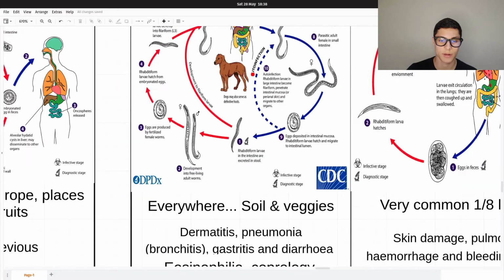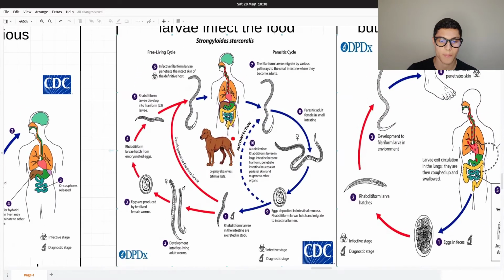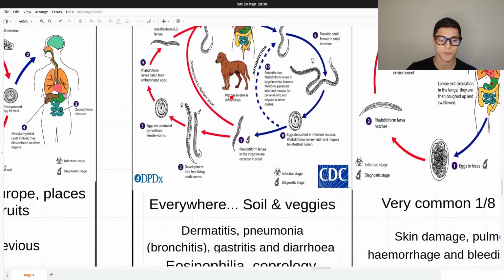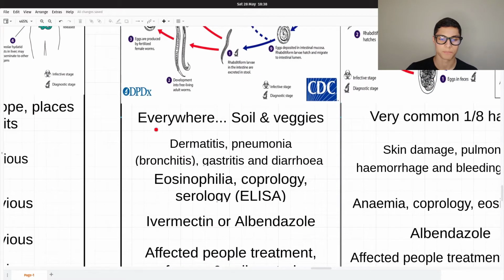So this cycle is very, very complicated, and this parasite, Strongyloides stercoralis, is very important as well, because the auto-infection is something very dangerous. Where? Well, almost everywhere. And we can find it in soil and veggies.